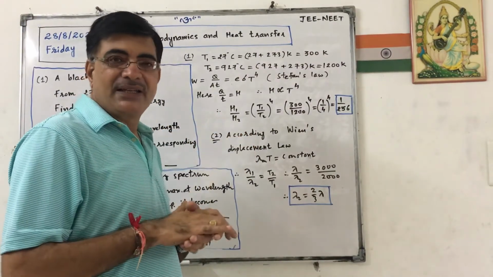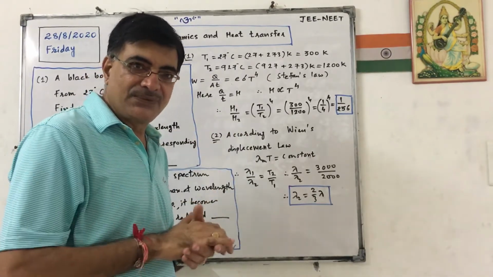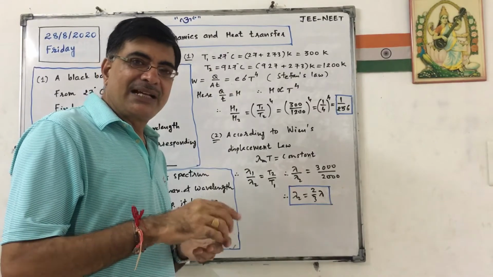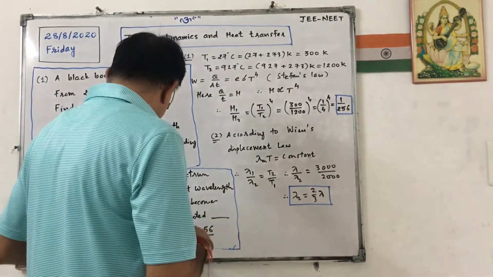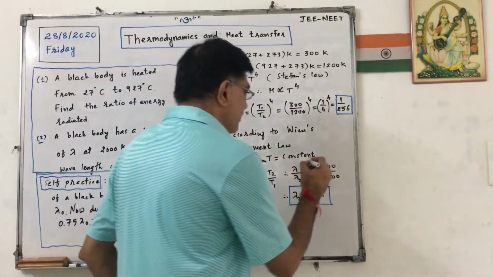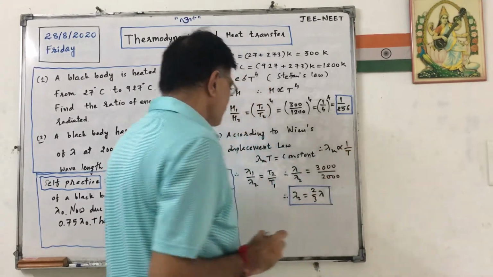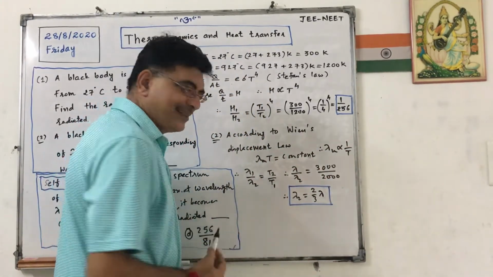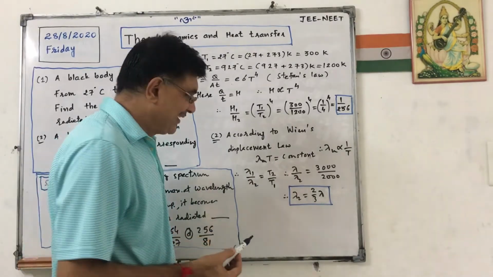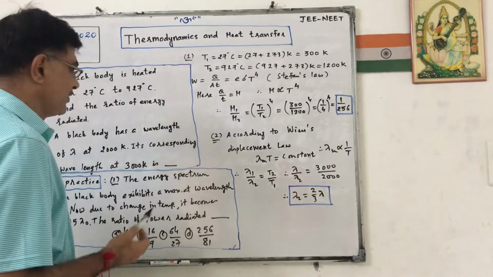So lambda m is inversely proportional to temperature. So lambda m into T is constant, or say lambda m is inversely proportional to Kelvin temperature. So we can write lambda 1 upon lambda 2 equals T2 by T1, inversely proportional. Here they have given temperatures in Kelvin, so we need not worry.